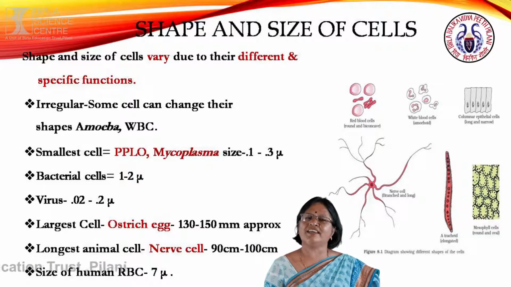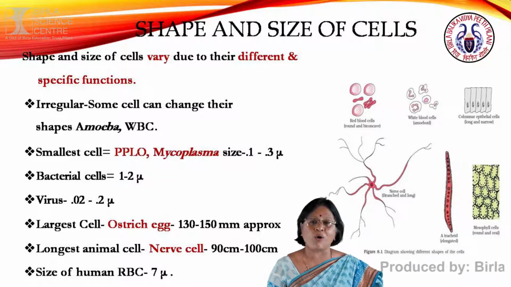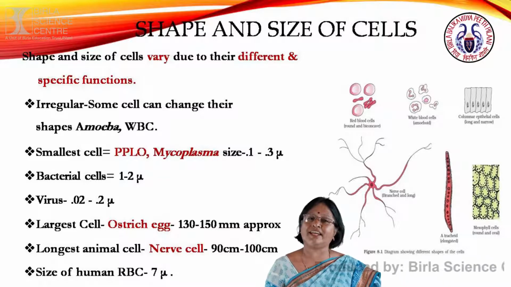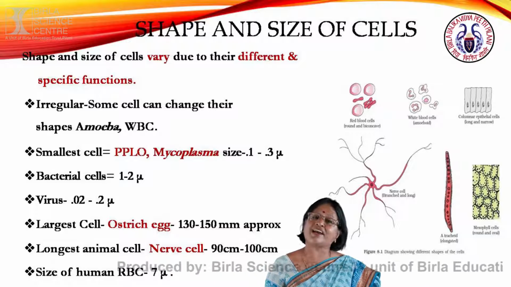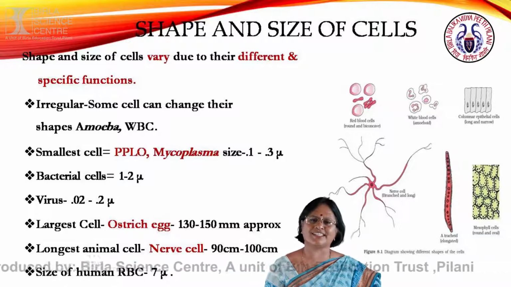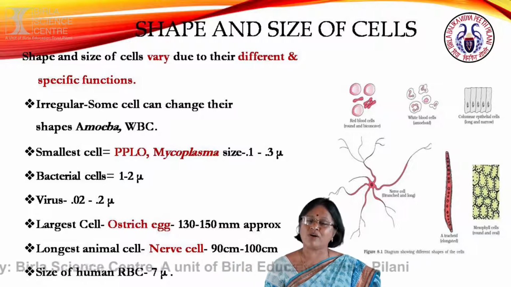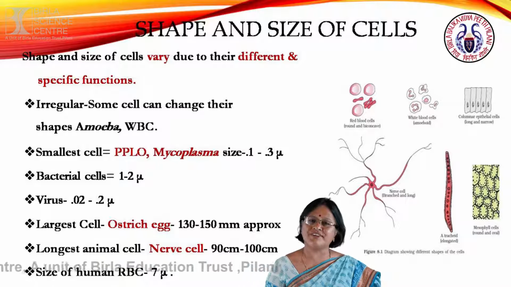Then you can see the cuboidal epithelial cells. These are the cells which are elongated and are present in columns. And then a very strange cell you can see here, a cell again with an irregular shape but with long processes coming out from it, long threads coming out from it. That cell is actually a nerve cell.